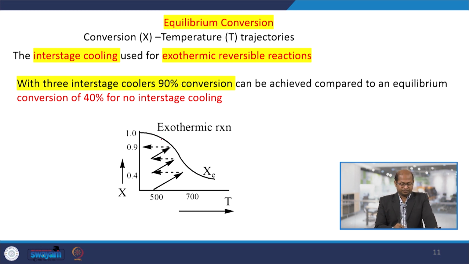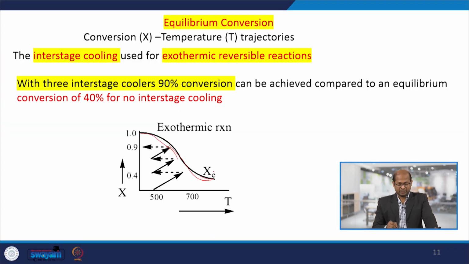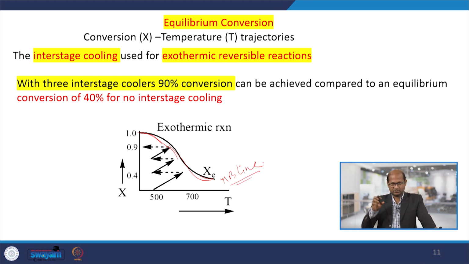Here these are the energy balance lines and these are the material balance lines. The material balance lines we can draw from the material balance equations we have developed for exothermic reactions, using different temperatures.